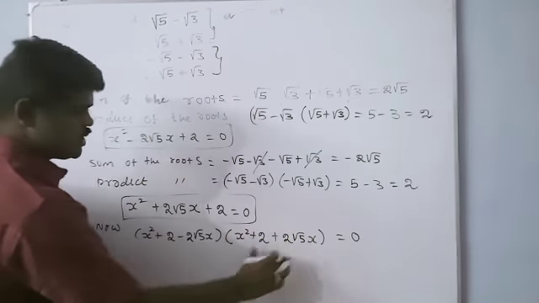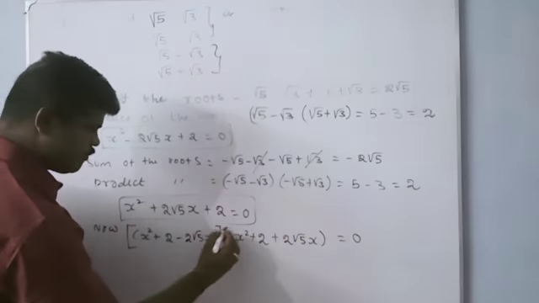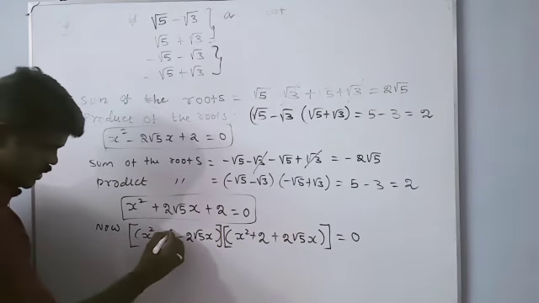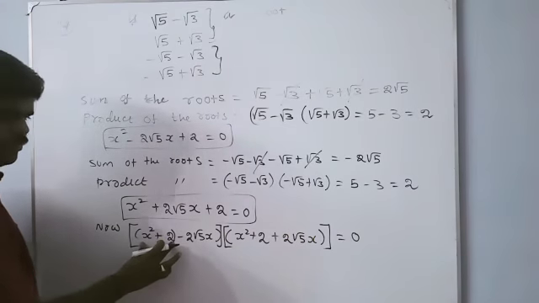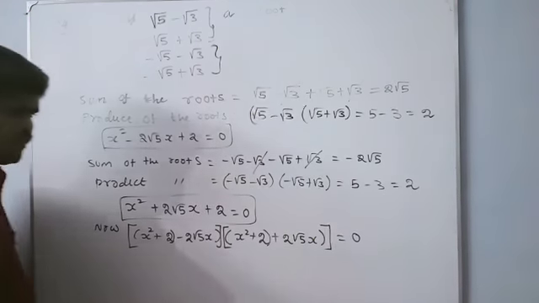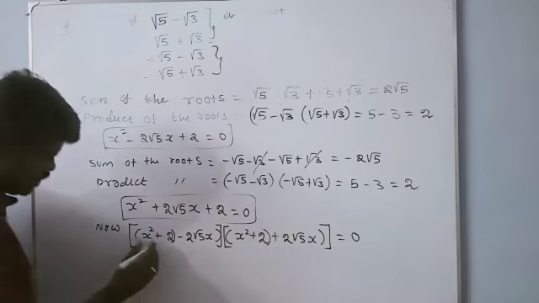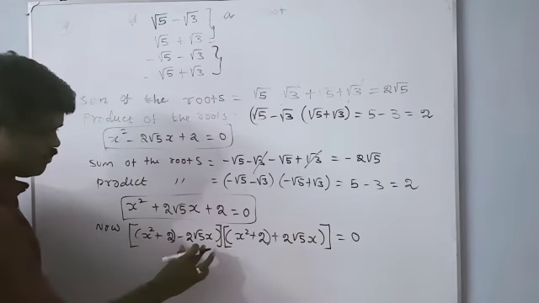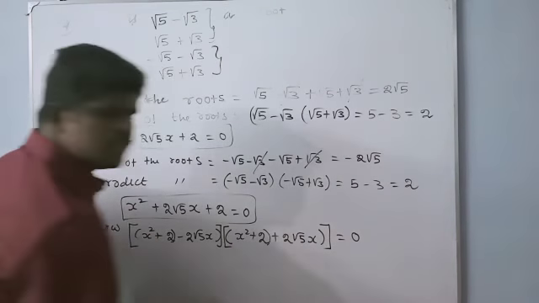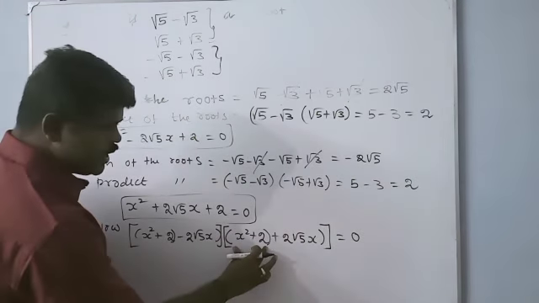Now change the order here, and in this equation also change the order. Now take the two brackets. This is the first term and minus 2 root 5x is the second term. Here also this is the first term and plus 2 root 5x is the second term. This is the form of a minus b into a plus b.